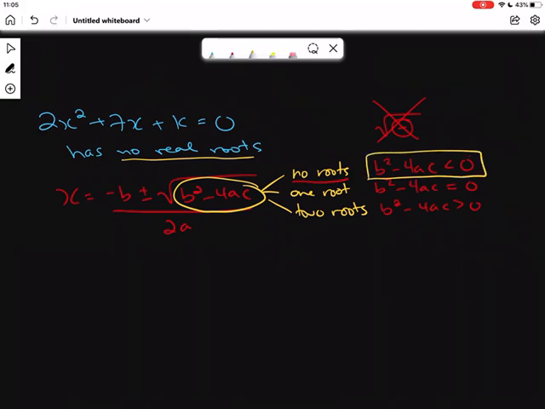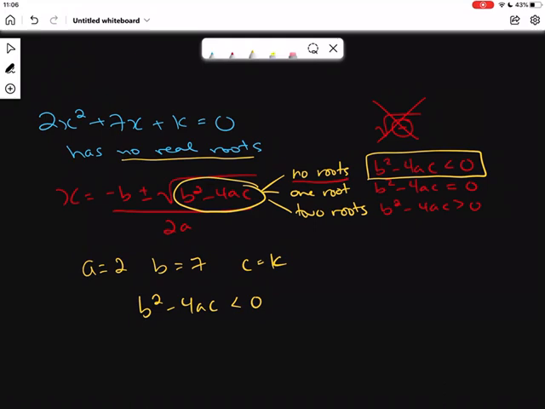Okay, and in this example, a equals 2, b equals 7, and I don't know what c is, and in fact, c is k, so I can literally just say c is equal to k. And now I know that b squared minus 4ac has to be strictly less than 0.